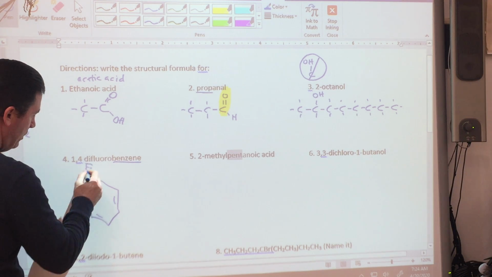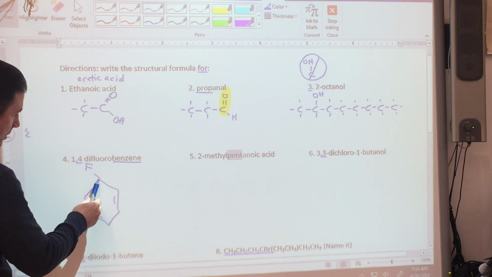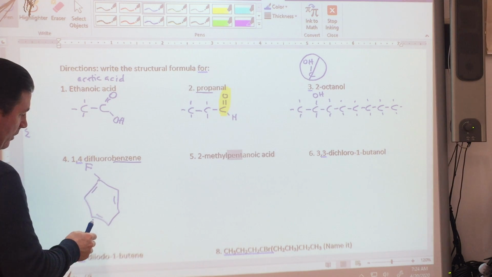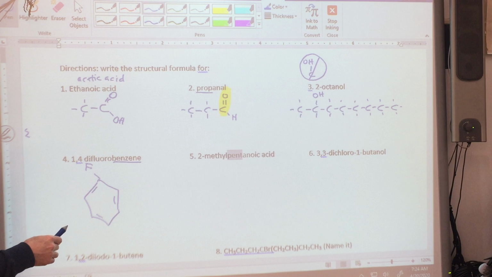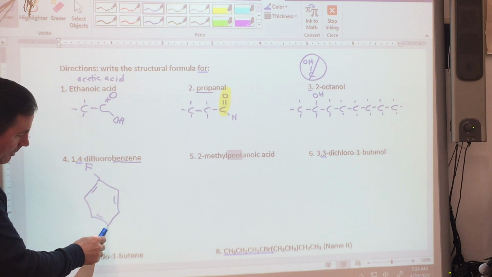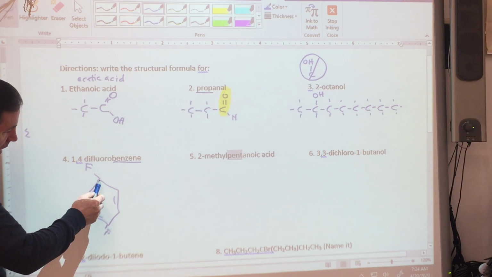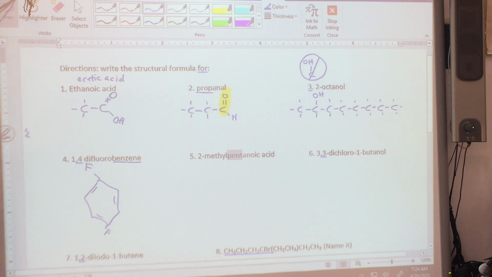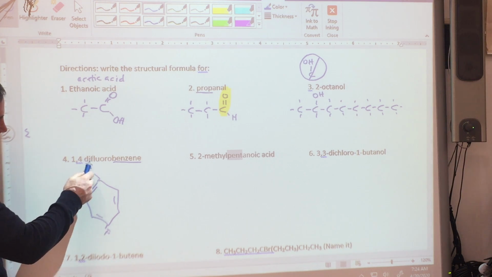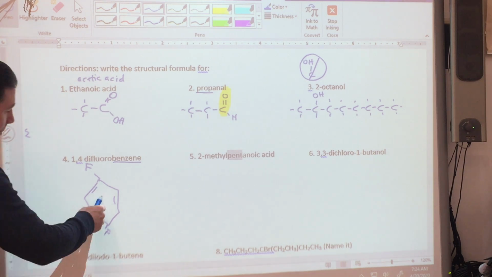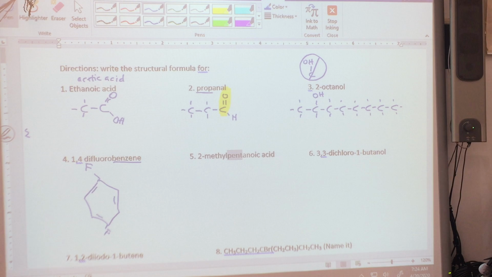But this is a fluorine. And if this is number 1, I can go either clockwise or counterclockwise. In this one, we're actually going to end up in the same spot. So 1, 2, 3, 4. So I would have a fluorine here. Or I could go 1, 2, 3, 4. In either case, I'm going to be okay. So this is 1,4-difluorobenzene. Number 5.